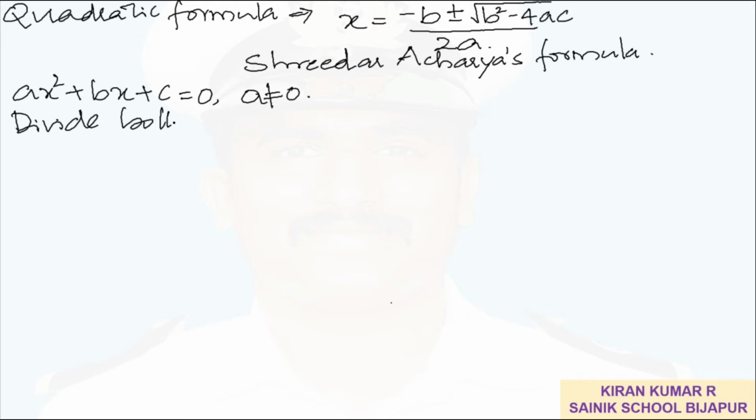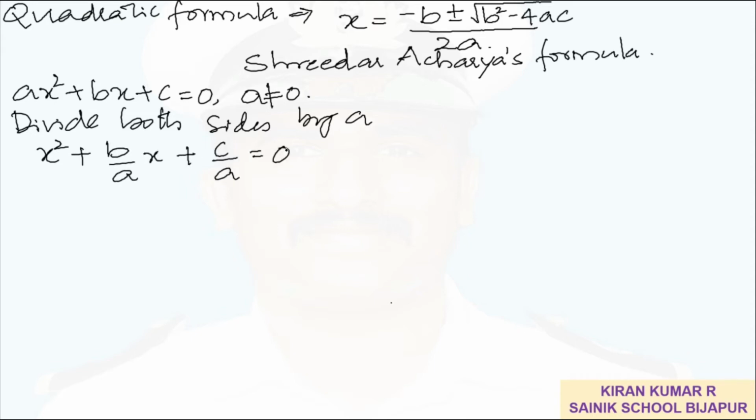We get x square plus b by a times x plus c by a equal to 0 by a, which is equal to 0. Now this middle term is b by a.